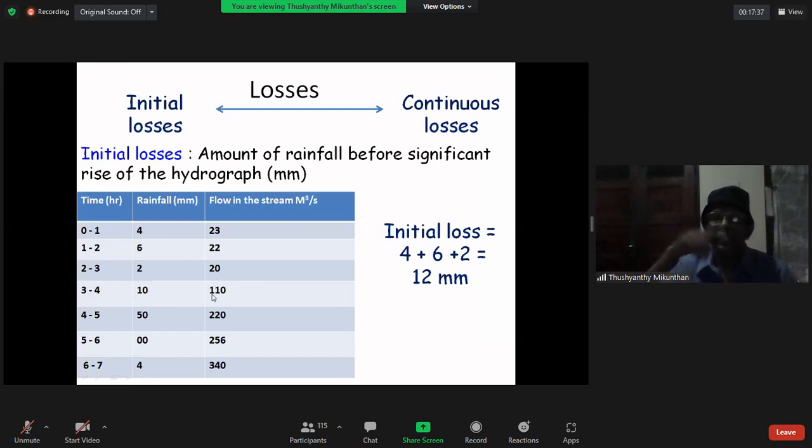That is the rising limb, the starting point of the rising limb. According to the definition, the amount of rainfall before significant rise of the hydrograph. So what is the initial loss? Muhammad?